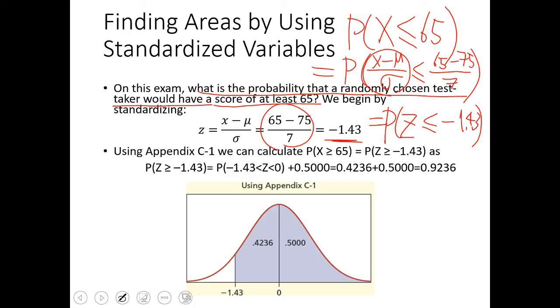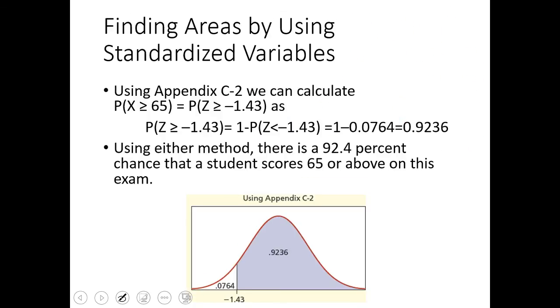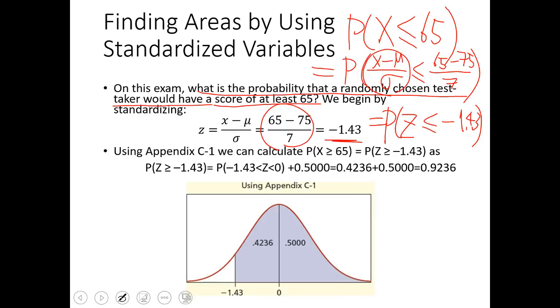And using the C2 or C1, we can calculate that this area is... if we use the C1, then the probability that z is less than or equal to minus 1.43 is that probability... at least 65, I'm sorry.